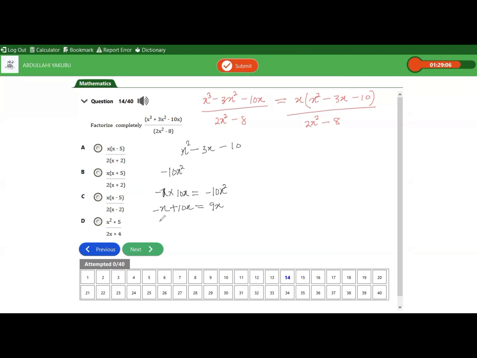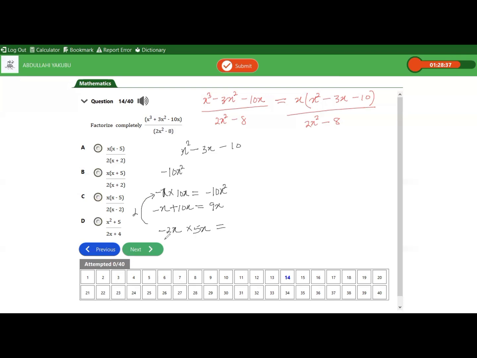Always start with 1 as the first digit and that other number. So if I say 2 multiplied by 1x, that will give us minus 2x, right? Then I have to divide 10 by 2. That will give us multiplied by 5x.